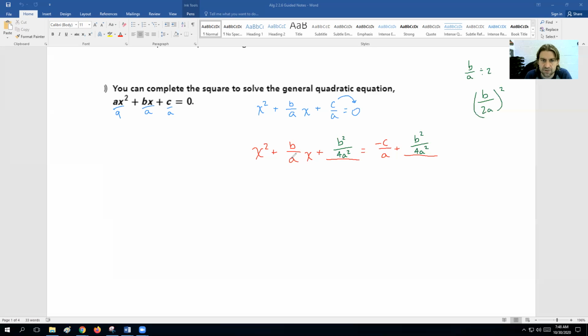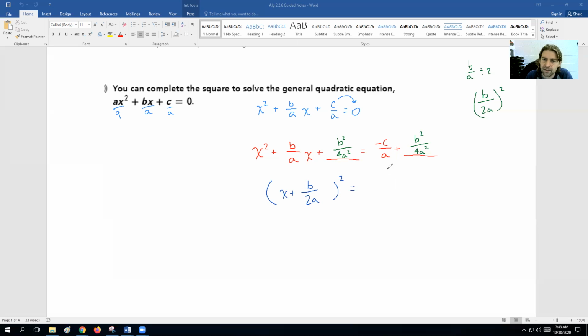Take the term, cut it in half, and square it. So completing the square, I can write it out as an expression: x plus b over 2a, the middle term cut in half.